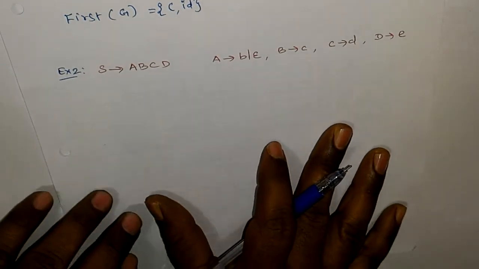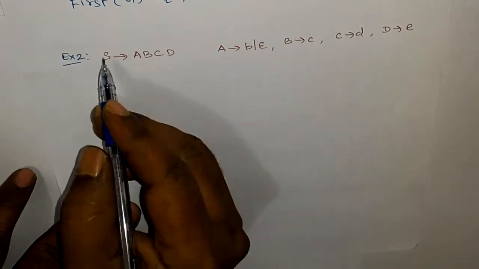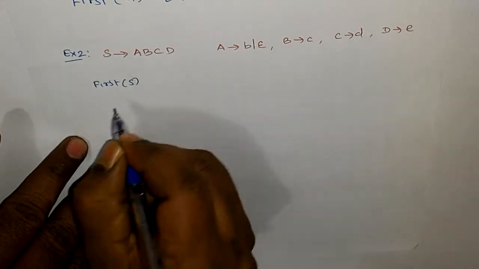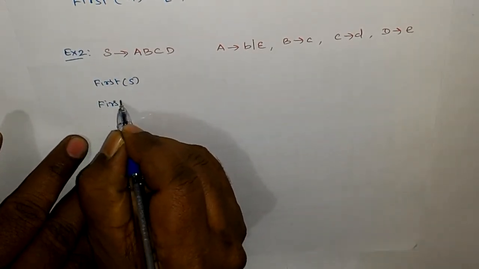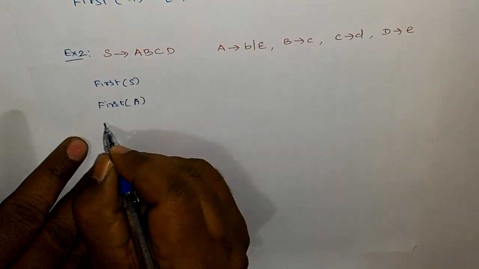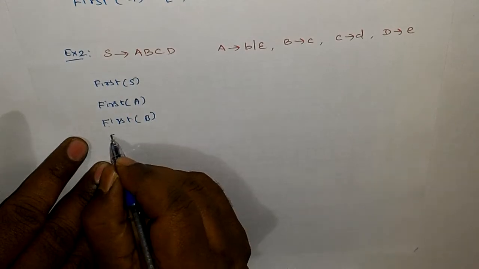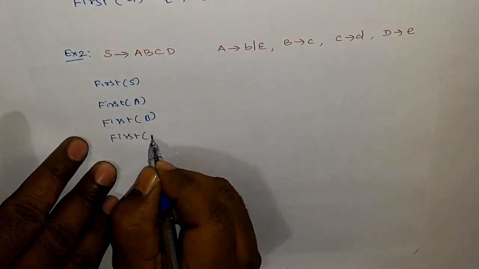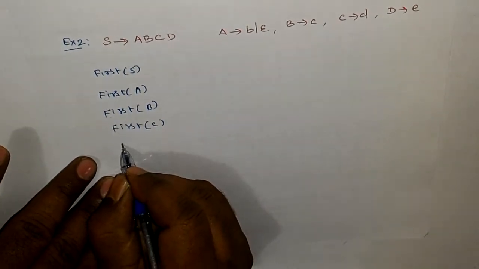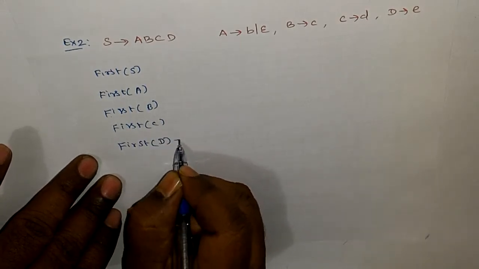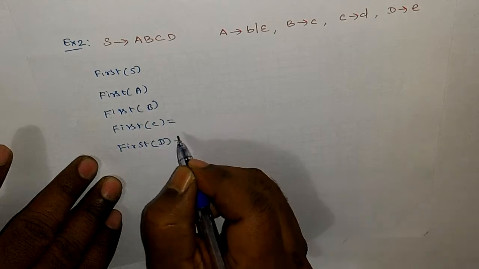Here we have to find out first and follow. So first of S, first of A, first of B, first of C, first of D.